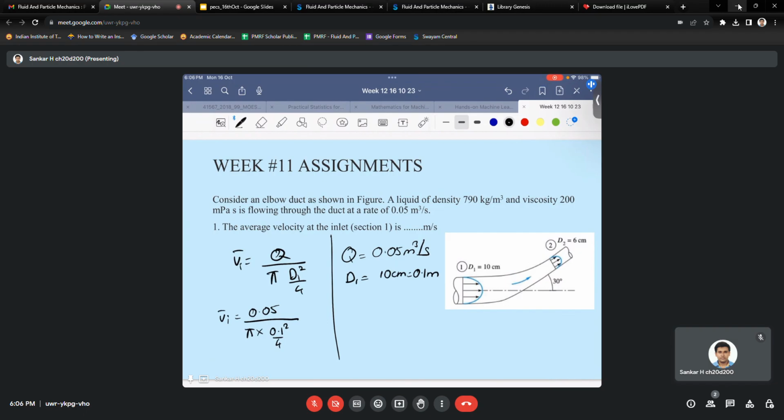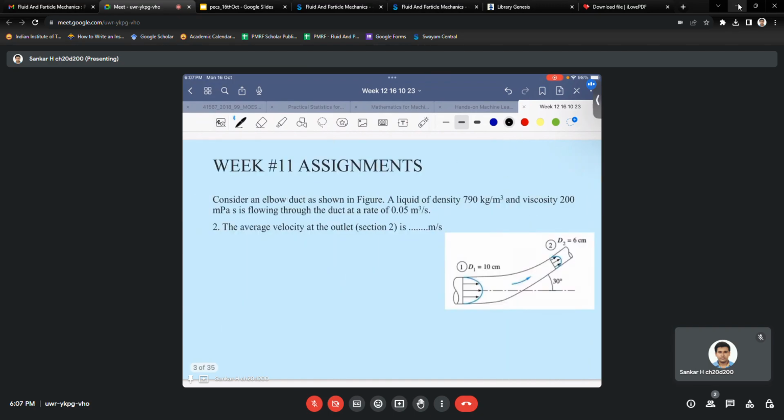Okay, the answer will come to 6.36 meters per second. It's very straightforward. We have been doing these kinds of questions for quite some time now, so I don't think there should be any confusion here.